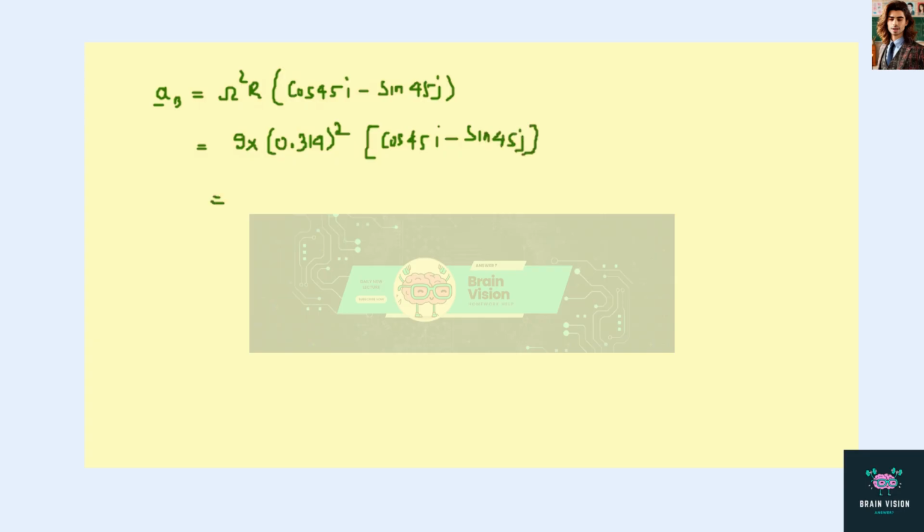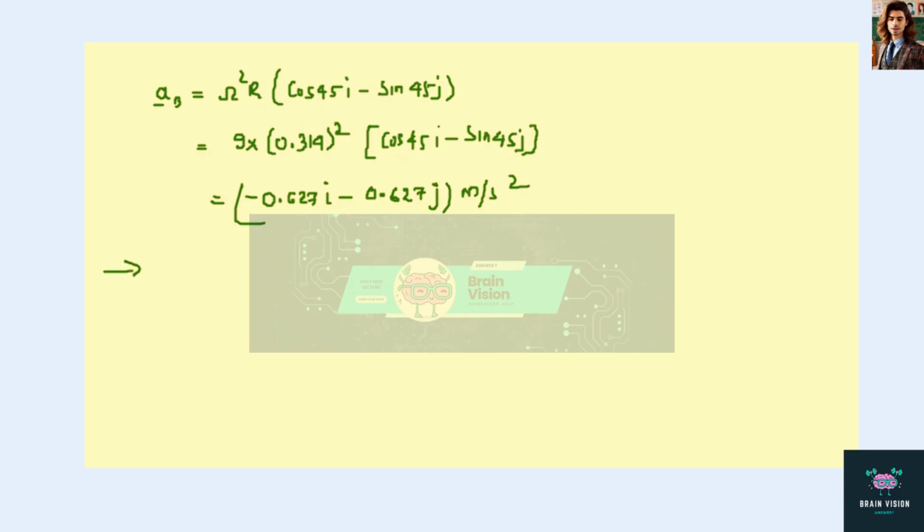So this will come out to be minus 0.627 i minus 0.627 j. This is in meter per second square.